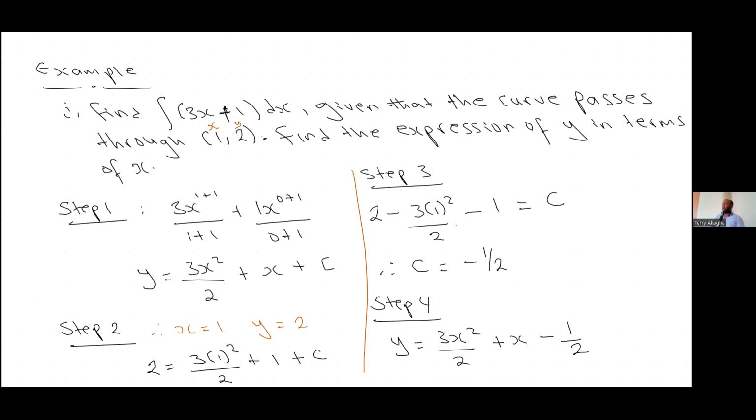So let me pick one more example for this. All right, let's pick one more example and see what we have. So let's say we have this. So example. Okay, let's assume the example I have here, we're told the curve y, which is equal to f of x, okay?